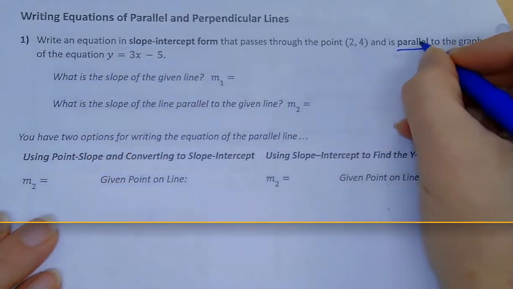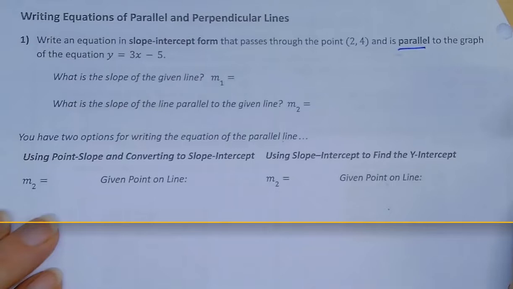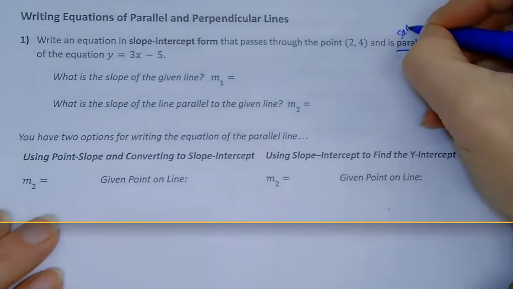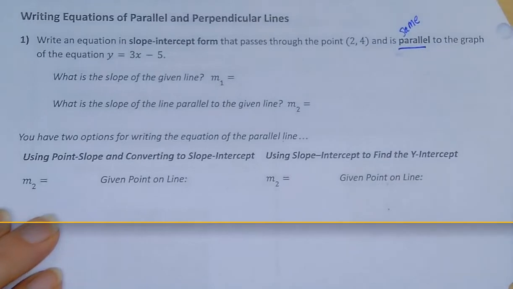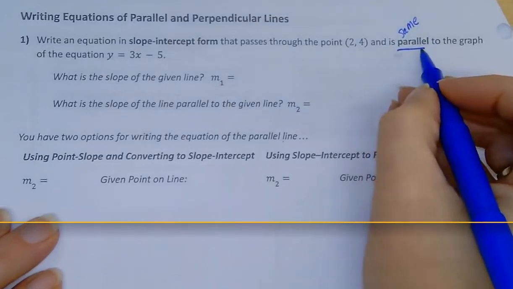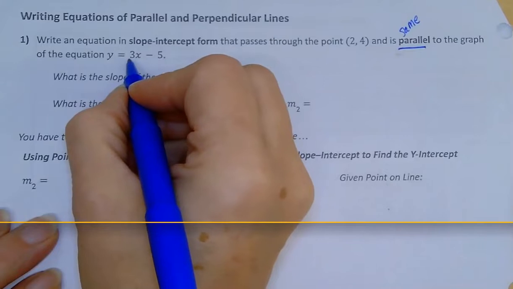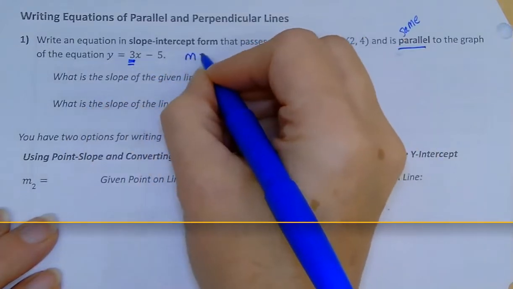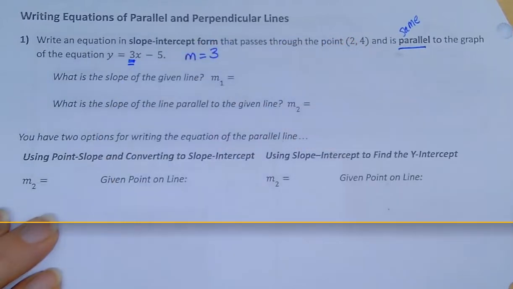If it's parallel, we know that our slope is going to be the same. So I'm just writing "same" to remind myself. So I need the same slope as this line. The only thing I care about right here is that my slope is 3. Since I need a parallel line, I need a slope of 3 on my new line.